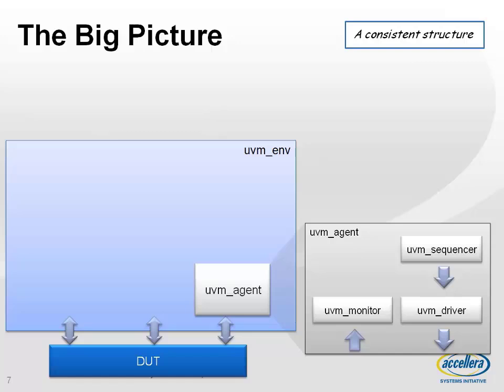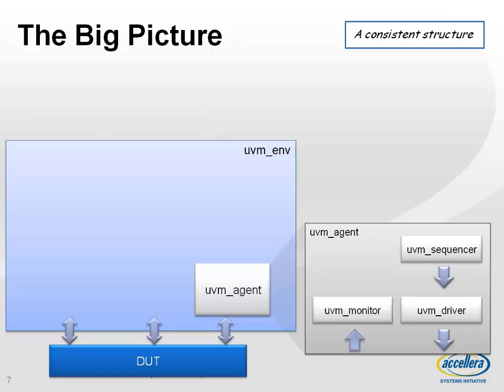A sequencer is going to generate test stimulus. A driver is going to convert that test stimulus into pin wiggles and stimulate the pins on the design under test. A monitor is going to look at those pin wiggles, interpret them, build up transactions, and send those transactions off to the rest of the verification environment for analysis.